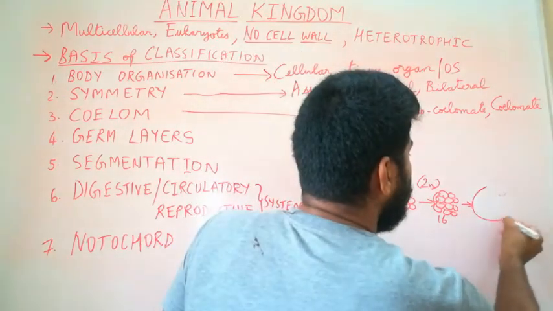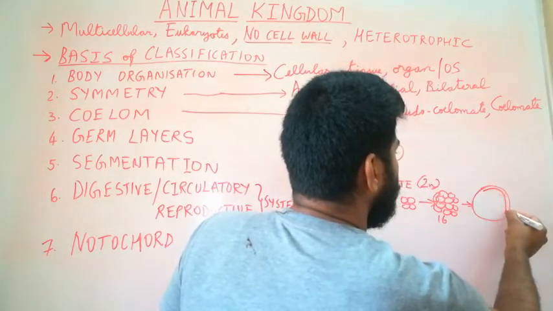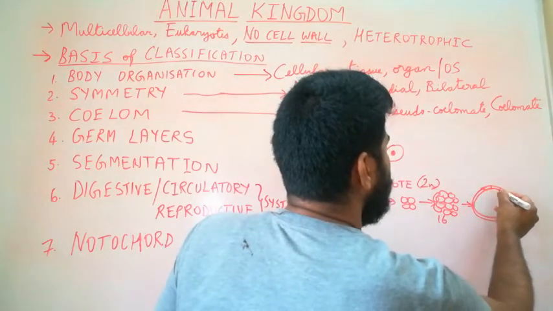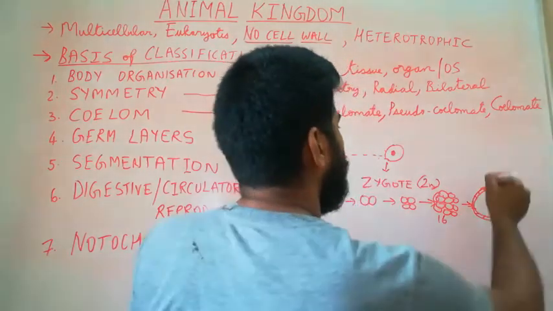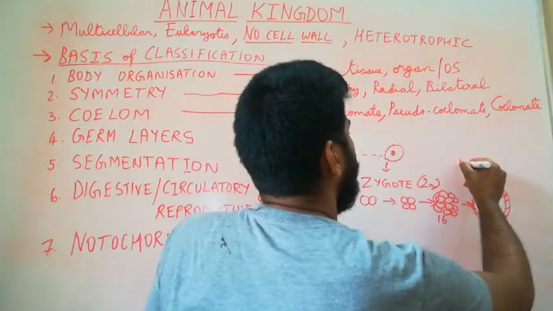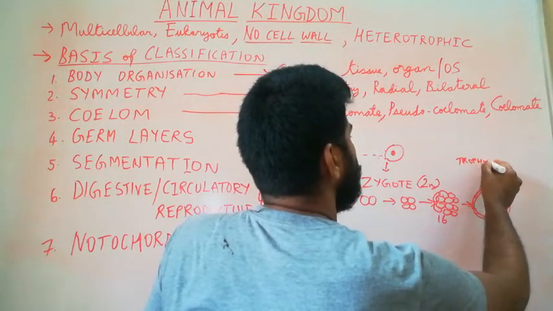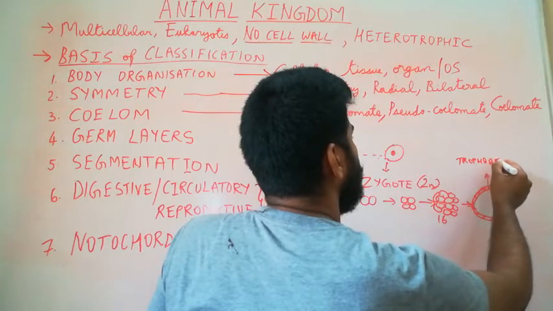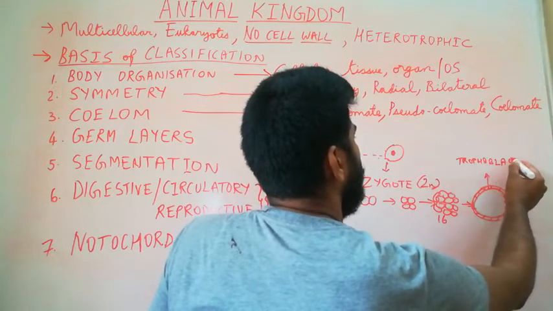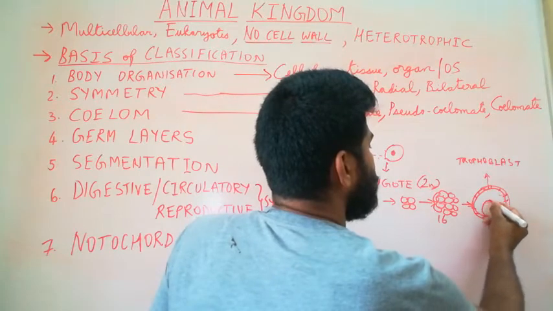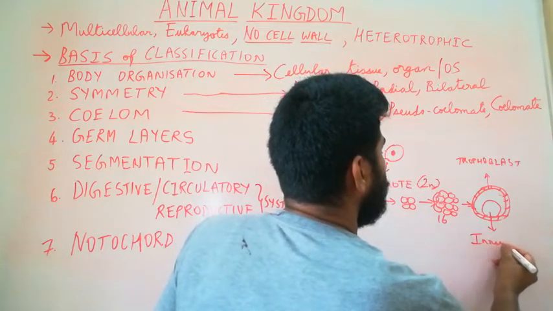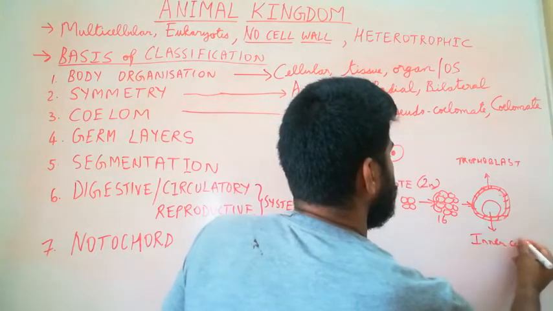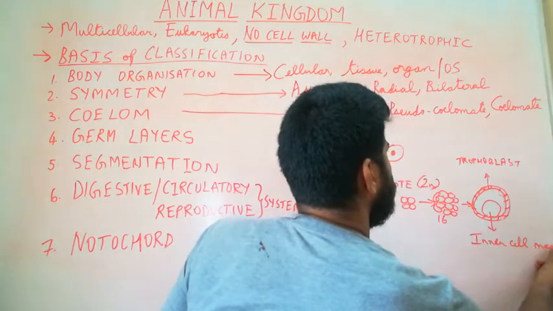The 32 cells arrange themselves as an outer layer called the trophoblast, and the remaining cells will form what is called the inner cell mass.